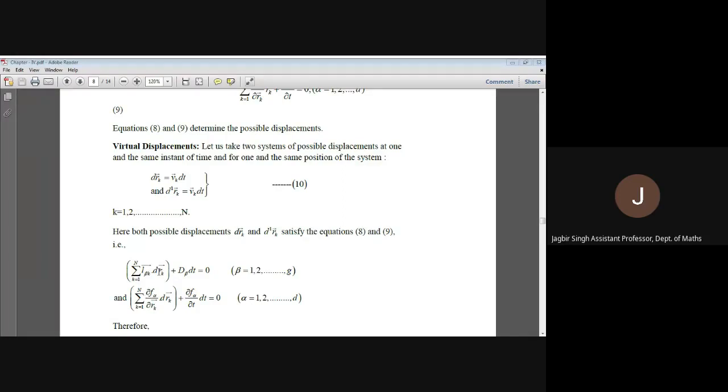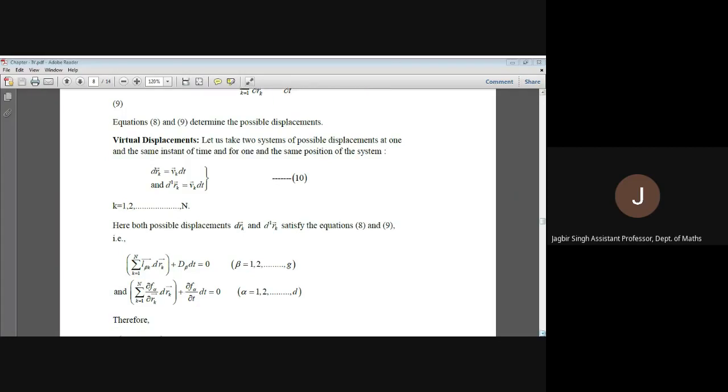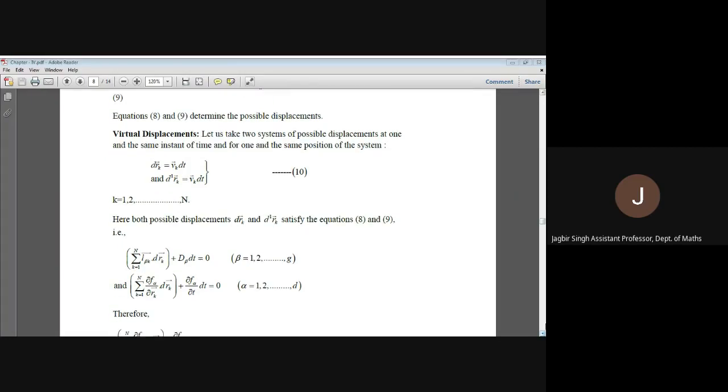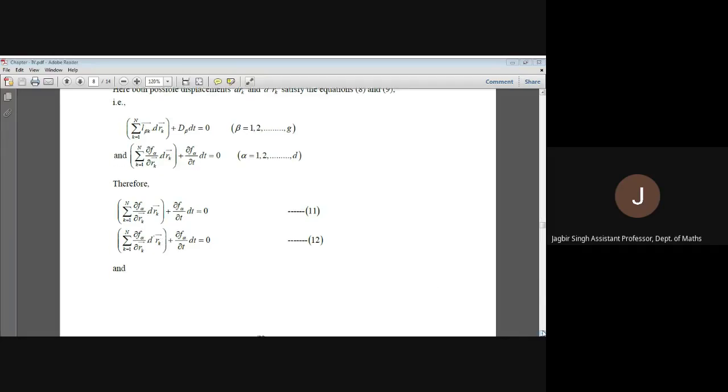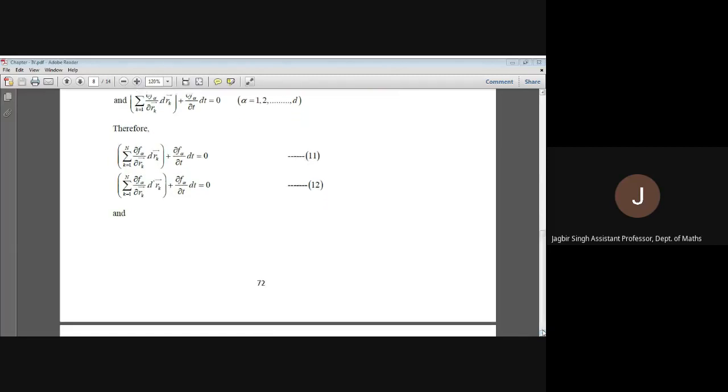Replacing drk in these equations and d'rk in these equations, we will obtain the two equations. Replacing drk, equation number 11 is obtained, and then d'rk, equation number 12 is obtained from the second equation. Similarly, from the first equation, we will obtain two more equations, equation number 13 and 14.